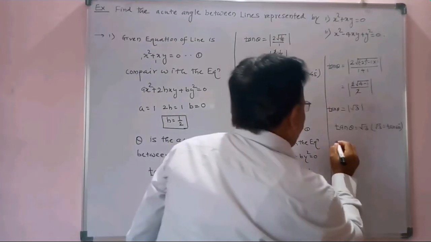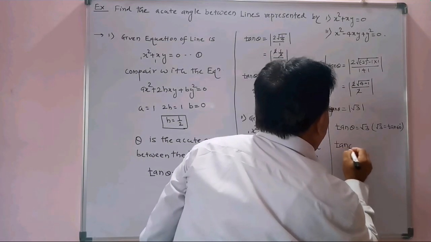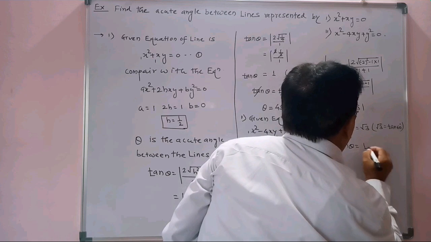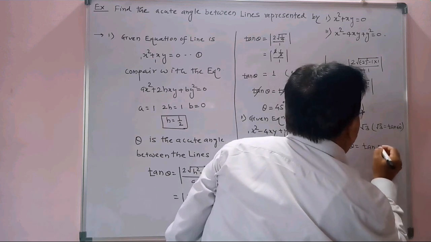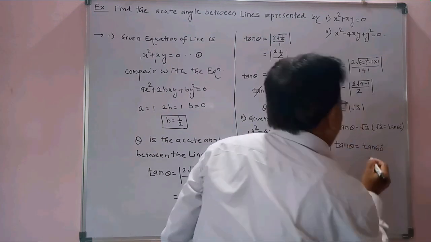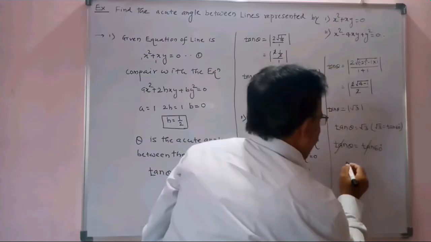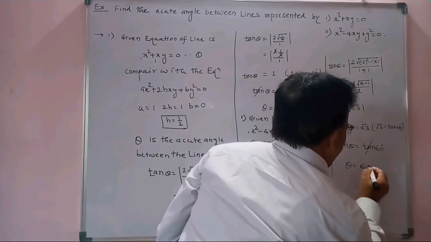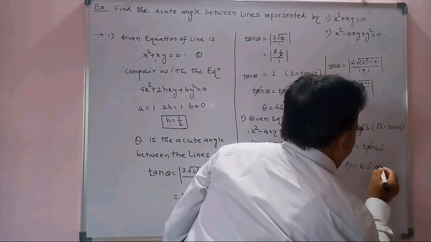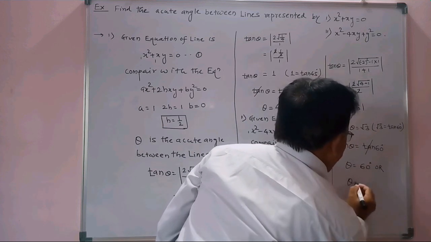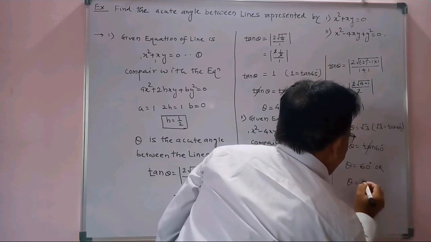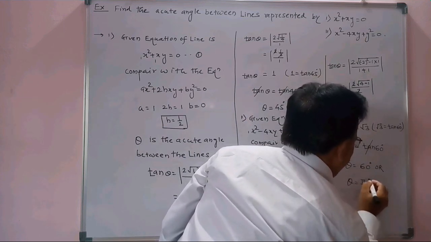Tan theta equal to tan 60 degree. This tan and this tan cancel. Therefore, theta equal to 60 degree, which in radian is pi by 3 radian.